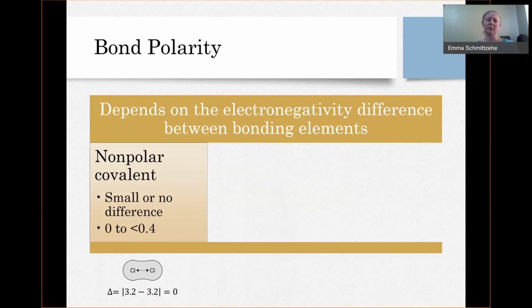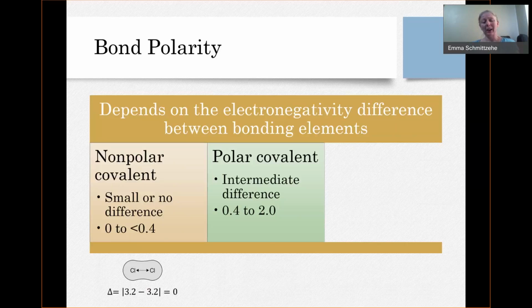If you come out with a negative, you just drop that negative. And you're looking at the range. So if that range is small, something less than 0.4, it is considered a nonpolar covalent bond. So even though there could be a little bit of a difference in electronegativity, meaning the share isn't perfectly equal, it's close enough that we consider them shared equally.